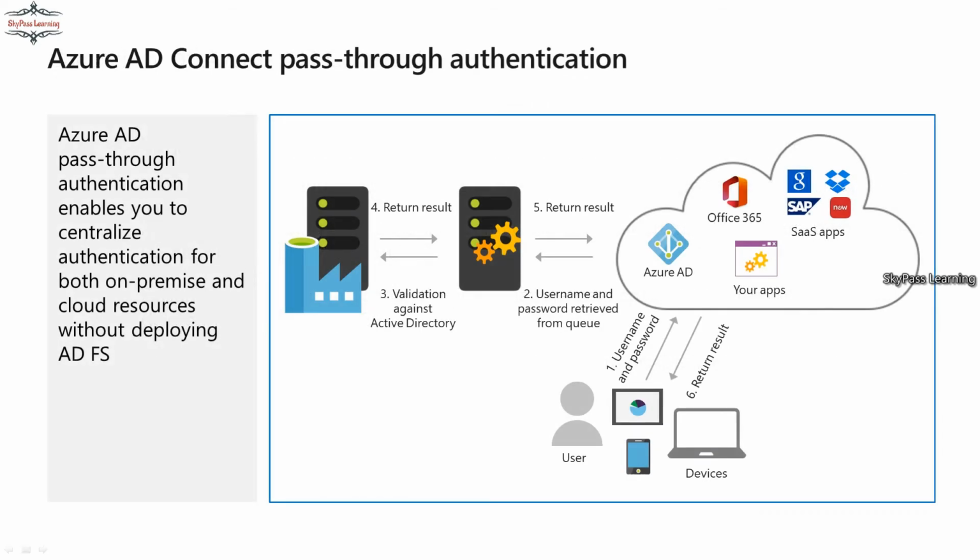And another option is available. This is a new feature which was added a couple of years back, the Azure AD Connect pass-through authentication method. In that scenario, you do not require an ADFS solution. Your authentication request passes directly to your on-premises Active Directory and returns back to the cloud.